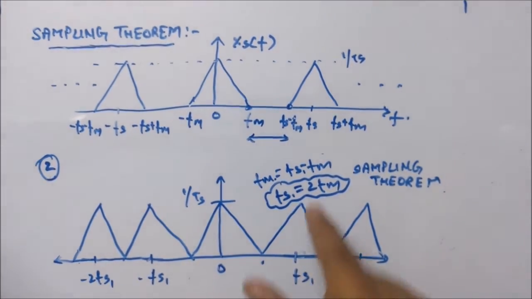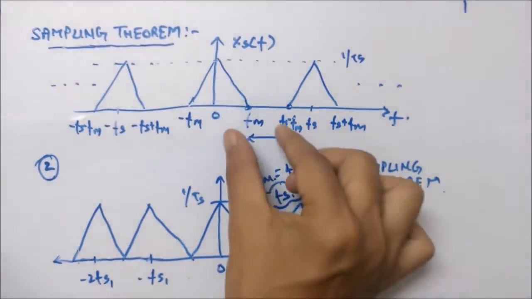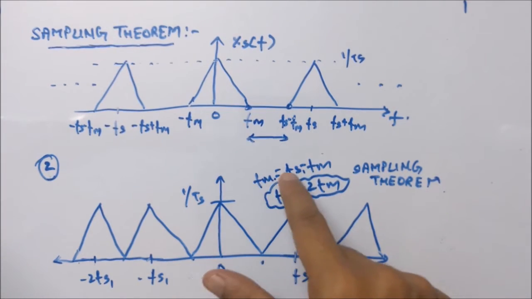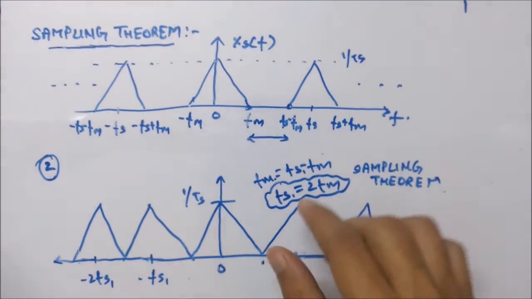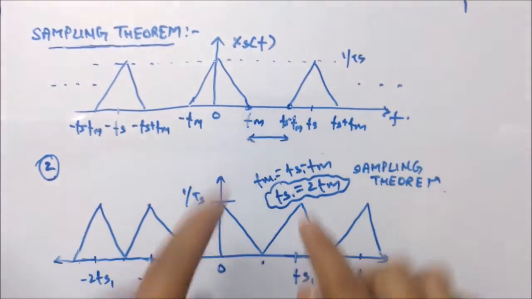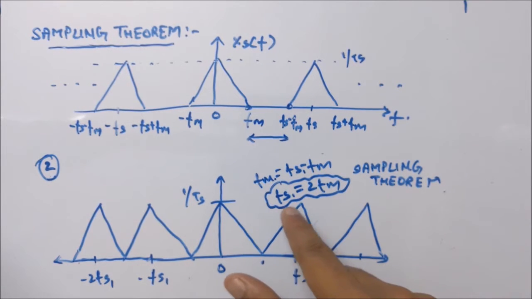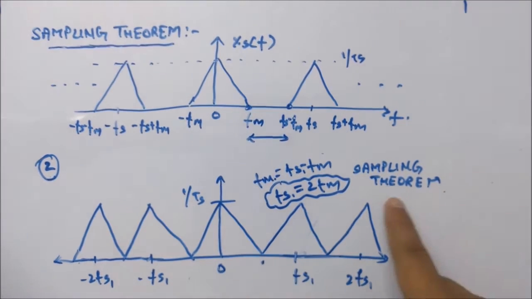Here I chose fs1 such that this distance was reduced to the same point, such that fM is equal to fs1 minus fM. These 2 points will be similar to each other. If you rearrange this, you will get fs1 is equal to 2fM, which we also saw in the sampling theorem.